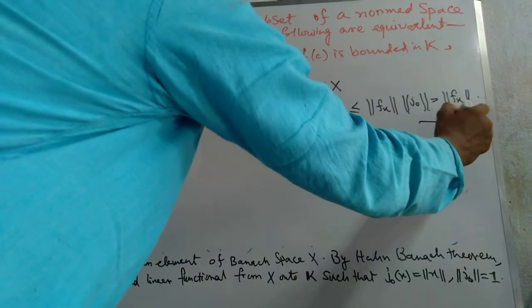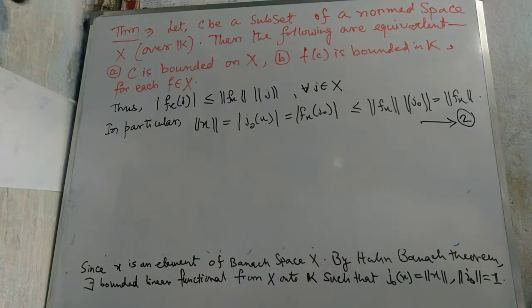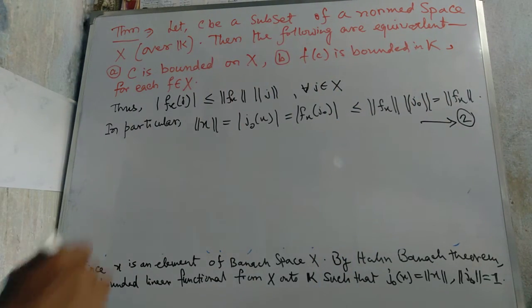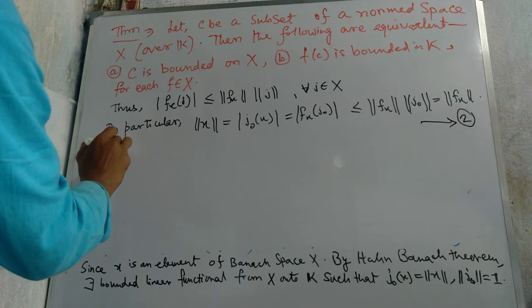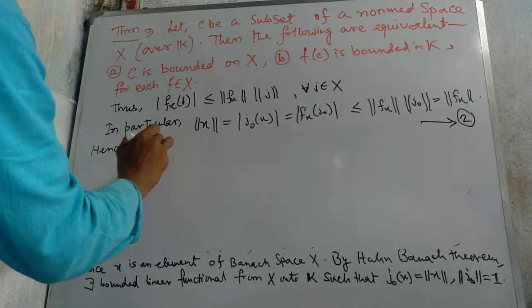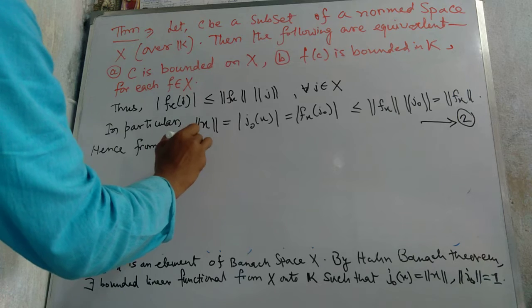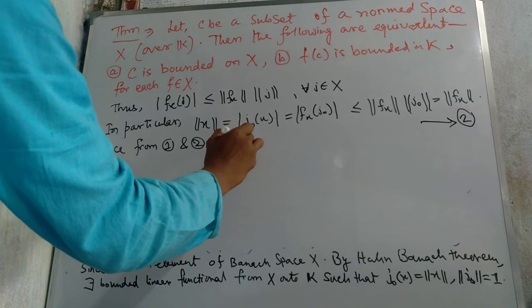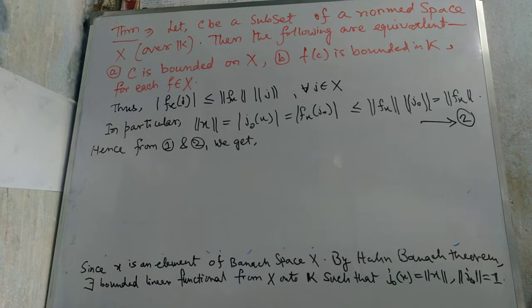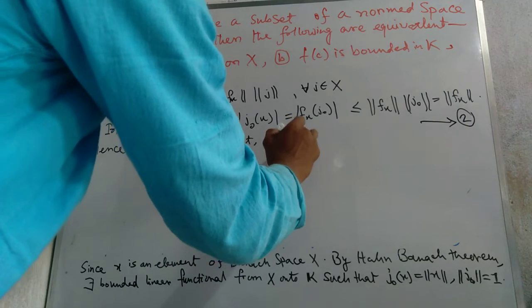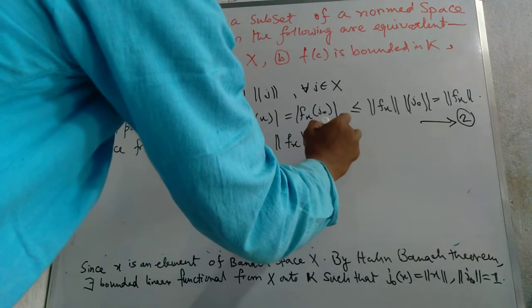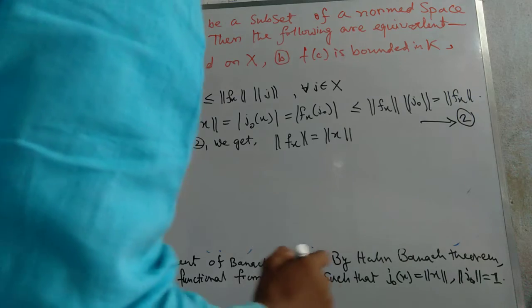Marked as 2. So from 1 and 2 we get norm of F_x equals norm of x.